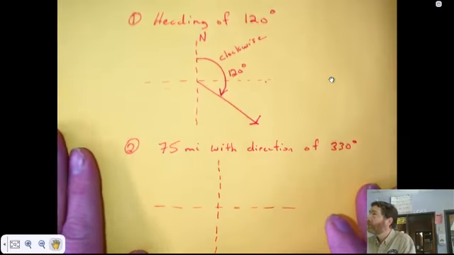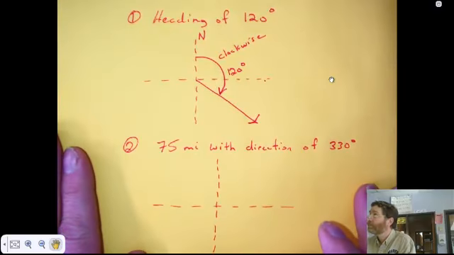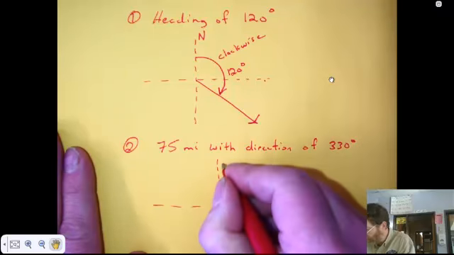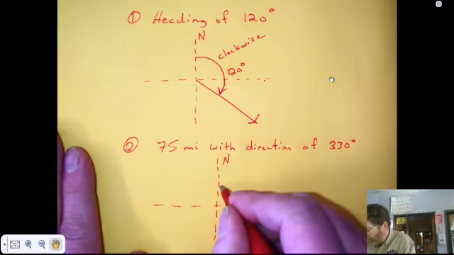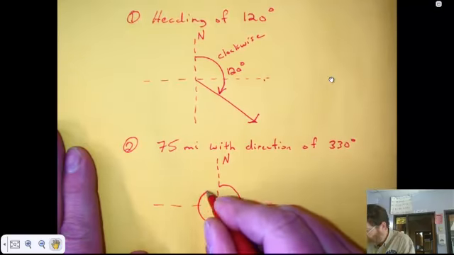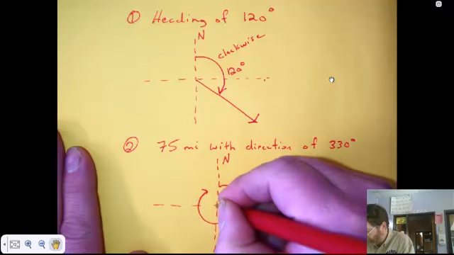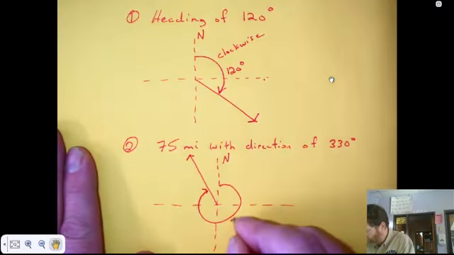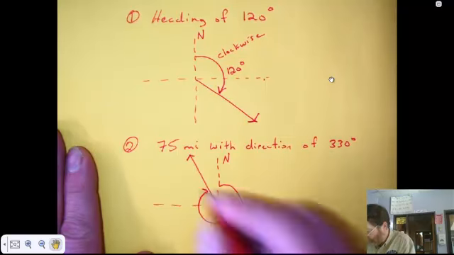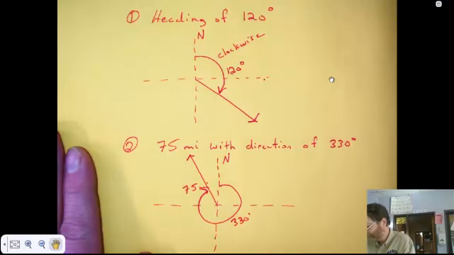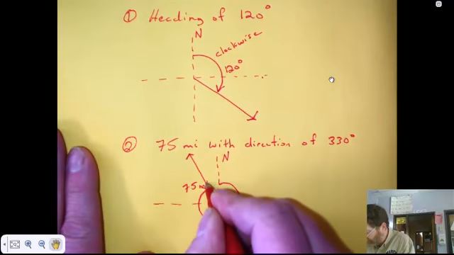So I'm starting here, rotating from here all the way around to out there. And the length of the vector here will be 75 miles.